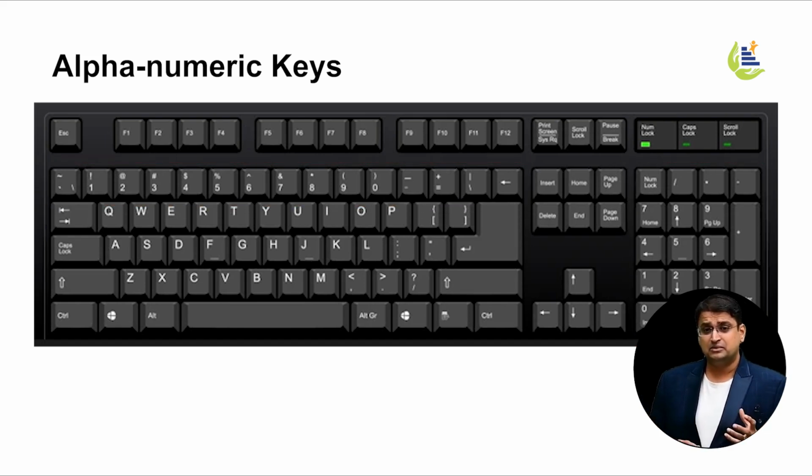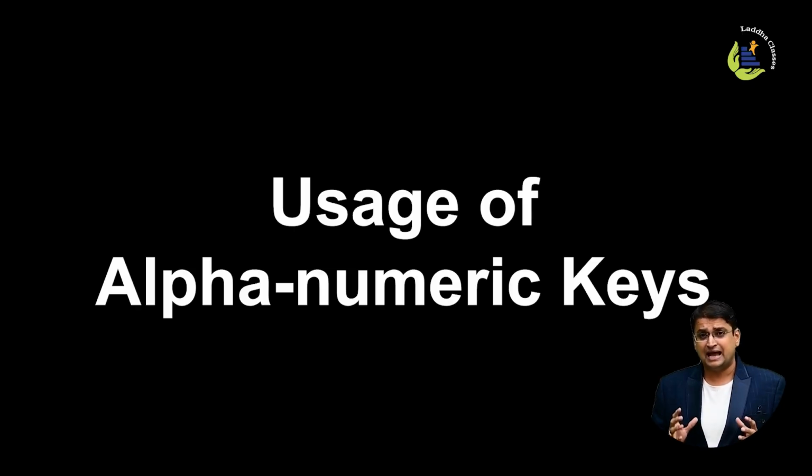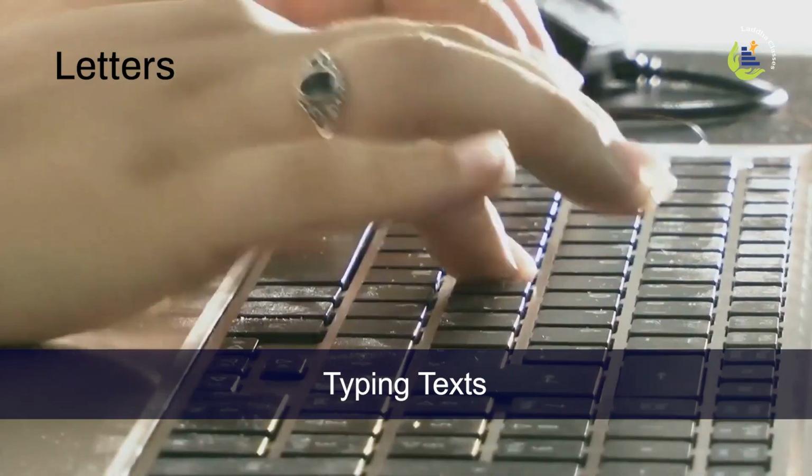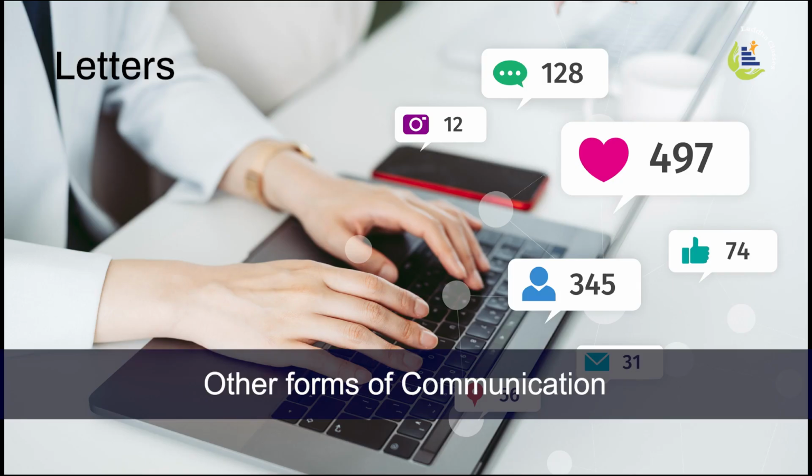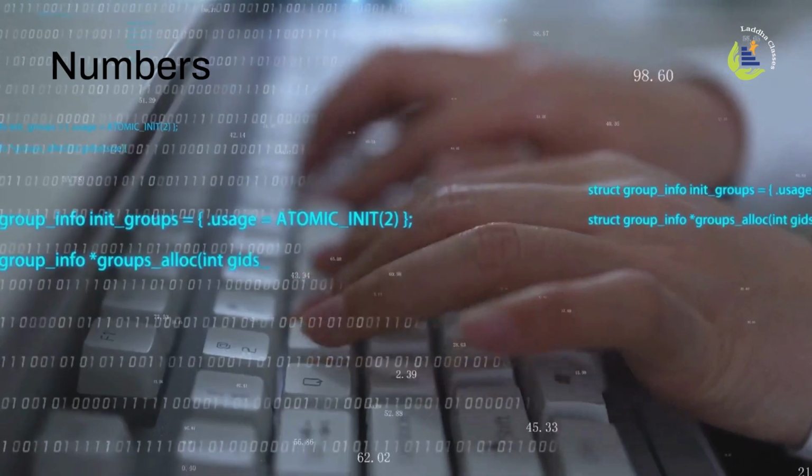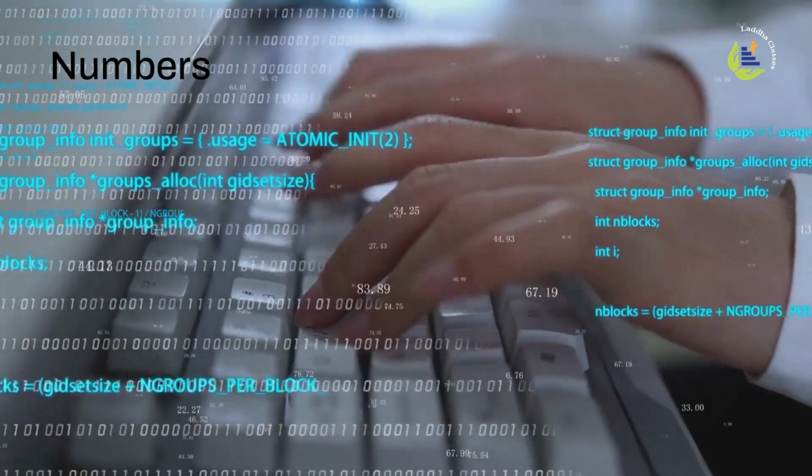These keys represent the digits from 0 to 9. Usage of alphanumeric keys. Typing text, emails, documents, and other forms of communication. Number entry. They are also used for entering numerical data such as phone numbers, addresses, and any kind of numerical input.